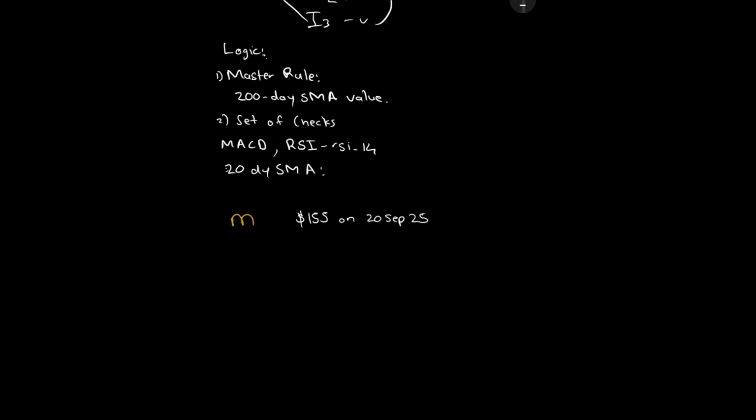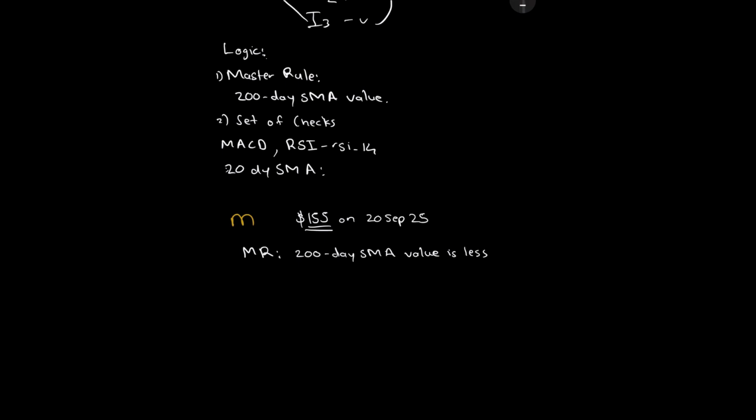Now, the first thing that the strategy does is it goes to the master rule. It checks if the 200-day SMA value is less than the closing price, which is 155.